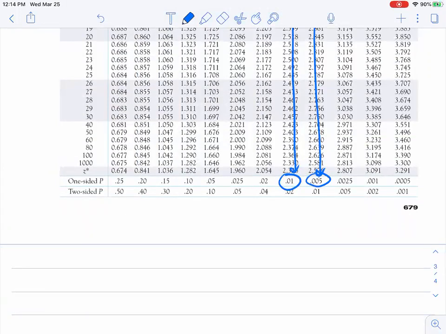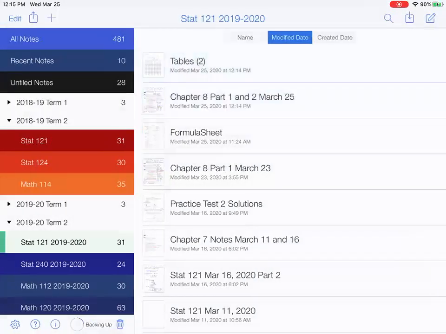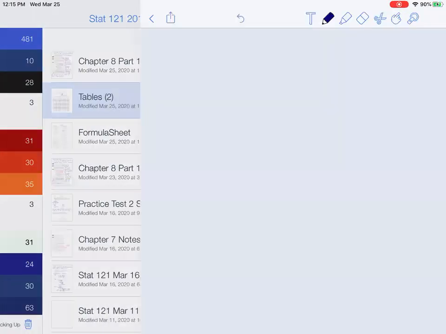And making sure that I write them from right to left, right, because they're increasing as I move to the left. 0.005, oops. So now I'm between 0.005 and 0.01. I'm pretty sure, let me just check. Yeah.